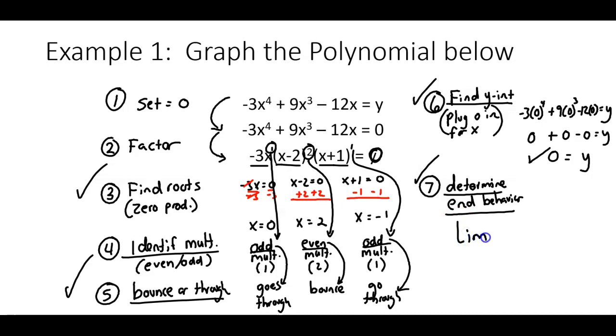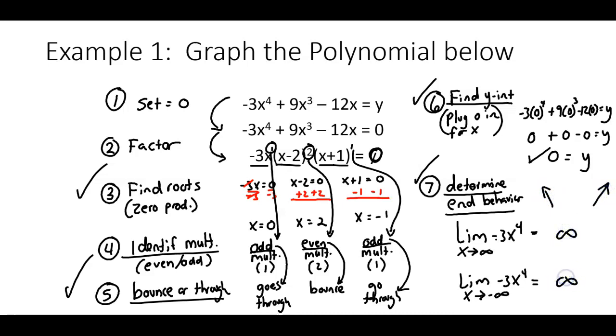So as you guys know from our last lesson, we need to know what happens on the right, and we need to know what happens on the left. Now, we only look at the front number, the number with the biggest power. So I'm going to put that here. And as we remember, whenever you have a negative number here and an even number here, it goes up on the left and up on the right.